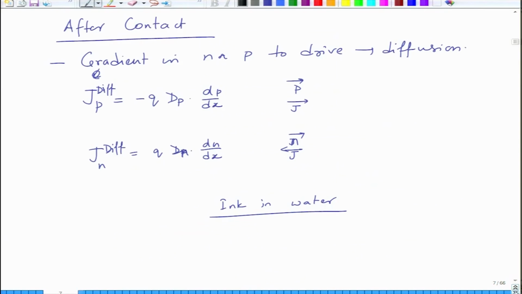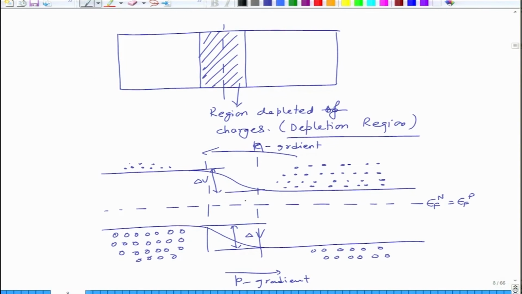So what we have done today is learn the basics of a PN junction, what a PN junction is, and what happens to the band bending and band diagram. Let me quickly point out here that this is electron diffusion, this is hole diffusion. So you will have a hole current J P diff and an electron current J N diff.